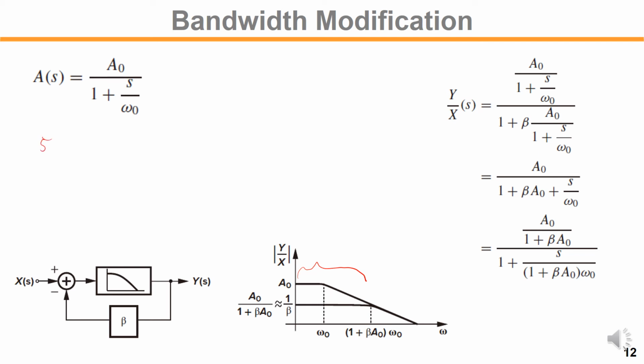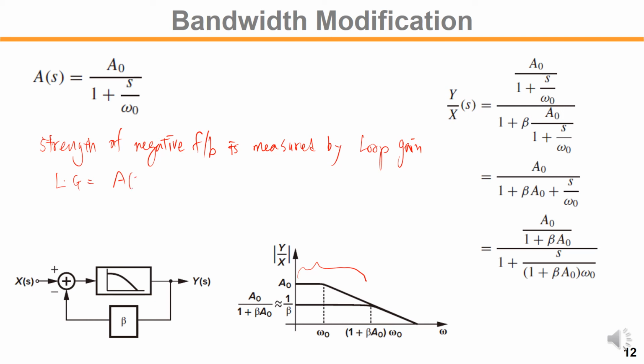The strength of negative feedback is measured by loop gain, right? The loop gain is what? LG is A0 times beta. So as long as the loop gain is greater than 1 or much larger than 1, then the negative feedback becomes effective.